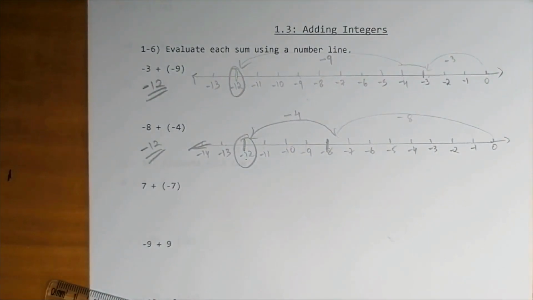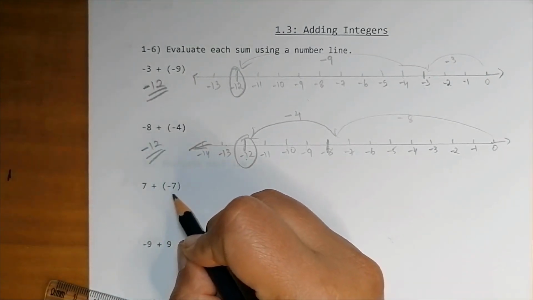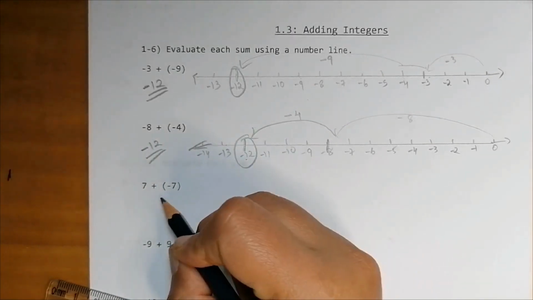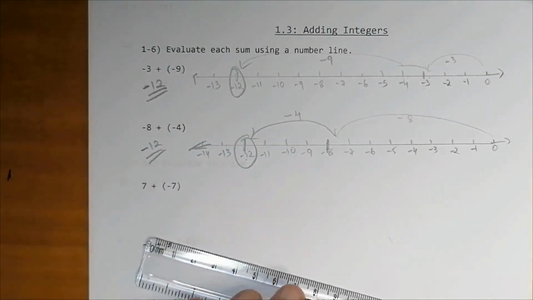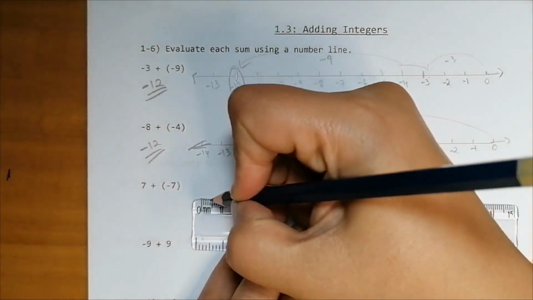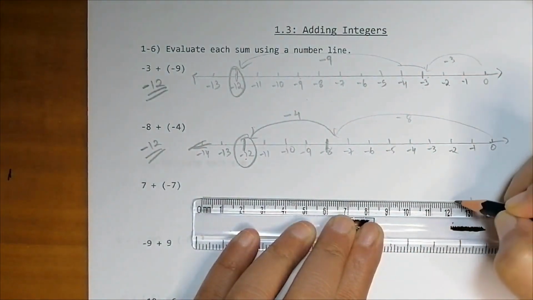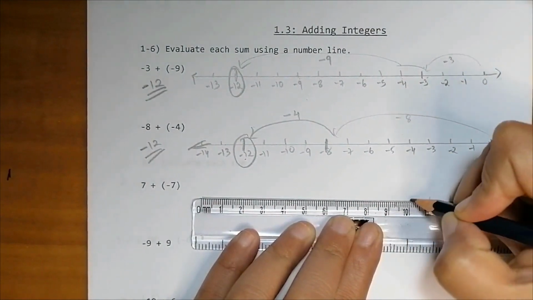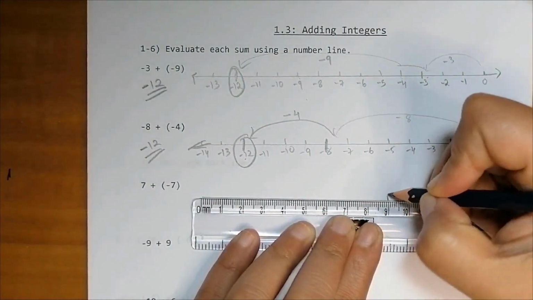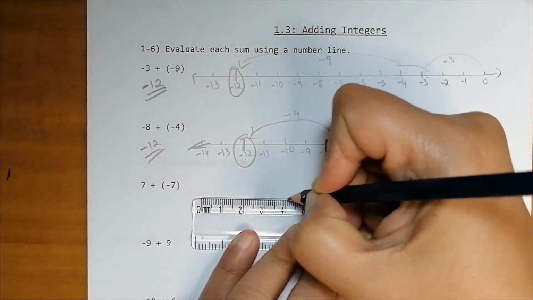Now we have the next one, which says 7 plus -7. So now you have to start at 7, and you're adding a negative number, so you will go towards the left side. Your answer is not going to be more than 7, so let's do our scale accordingly. This is something you have to think about when you're making your scale, so that you don't end up making an unnecessarily big scale and wasting time writing everything.